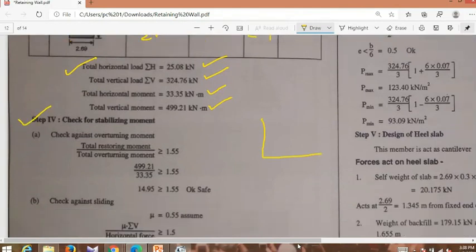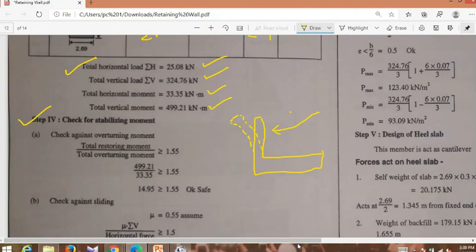See, this is my retaining wall. Okay, the load whatever is present here, what it will do, it will tilt or overturn the retaining wall.